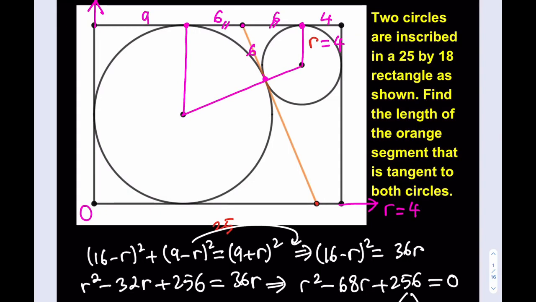Okay, so here's the fact. Obviously, the radius is perpendicular to the tangent at the point of tangency. So that's a 90-degree angle, and that helps us because I'm trying to find the slope of this orange segment. But if I calculate the slope of this segment here, then I can use that fact because these two segments are perpendicular, so their slopes are negative reciprocals.